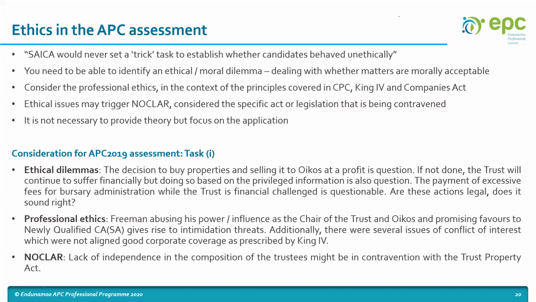Because there is non-compliance with the Companies Act, it's a non-compliance with laws and regulations as well. And also the auditors could report a reportable irregularity, especially if it's done by directors. So you need to pull all these things together, guys.